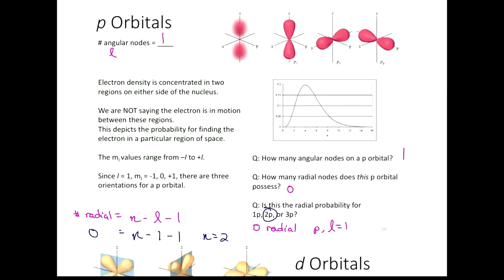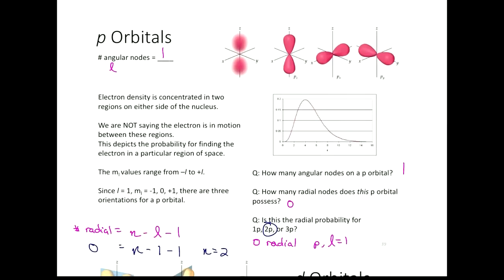Except we did it a little bit backwards, where I gave you the graph and you had to tell me what kind of orbital it is. But we could still get there the same way. If I asked you how many radial nodes does a 2p orbital have, you would do n, so 2, minus the L, so 2 minus 1 again, and you'll get 0 radial nodes. So that's how we would approach that.